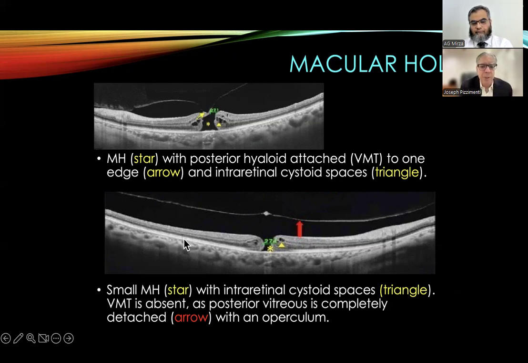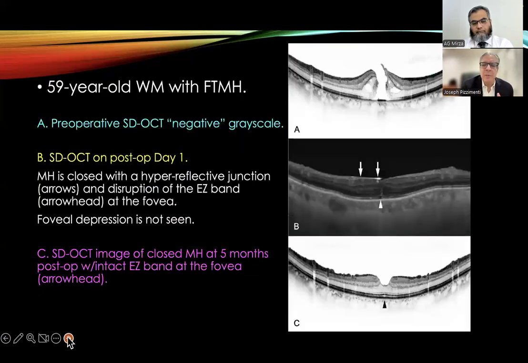In another patient below, we have another small diameter but full thickness macular hole. But in this case, that PVD is now completely separated. This is also a surgical case, but you could see the pseudo-operculum floating anteriorly to that macular hole. And so the ability to image these structures has been just a godsend.